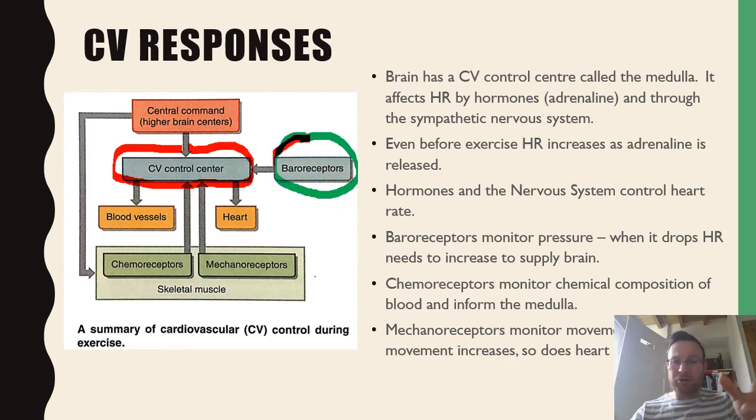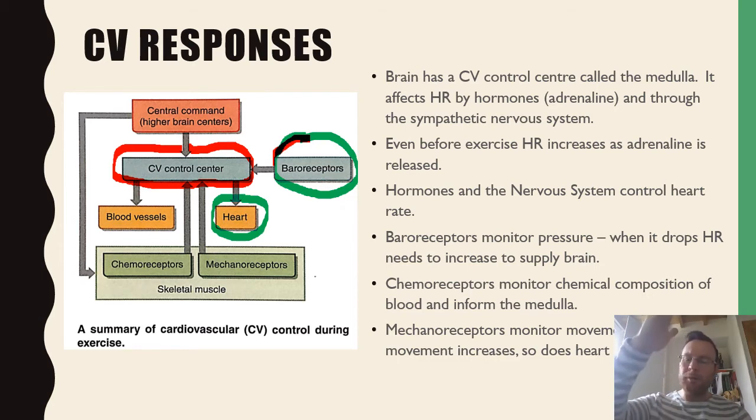So they report to the control center that pressure has dropped, and the control center creates a response to the heart to increase heart rate. So baroreceptors are one of the things that will inform our control center of a need to either increase or decrease heart rate. These are really key. So the brain has a control center called the medulla.